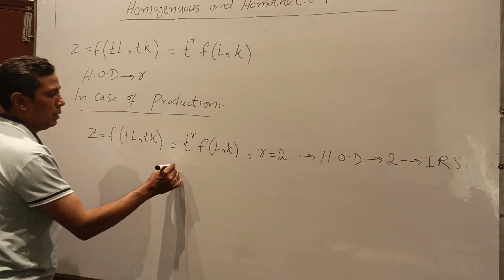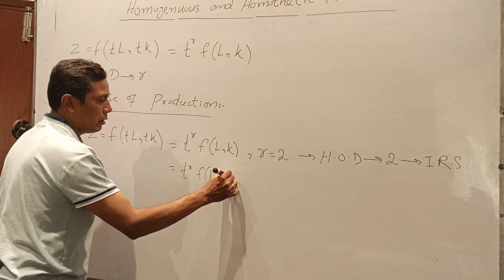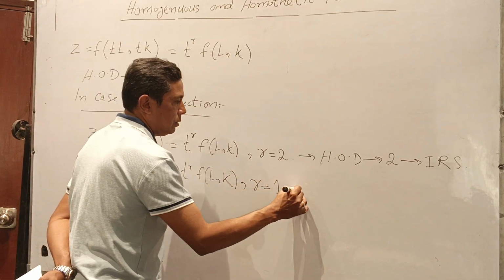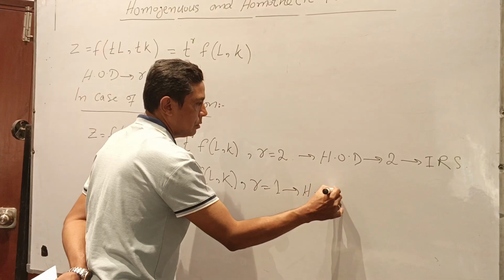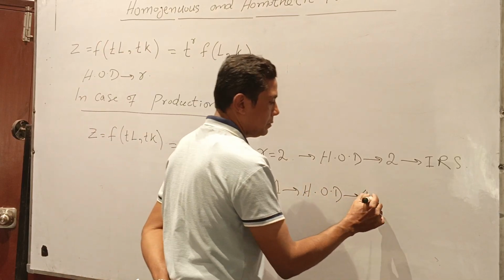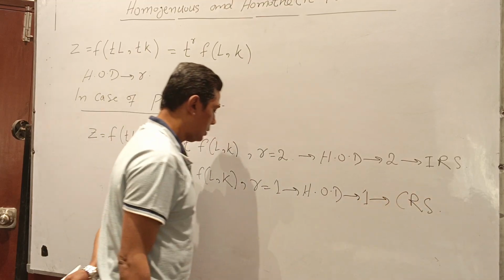And similarly, if r is equal to 1, HOD 1, that is CRS, right?